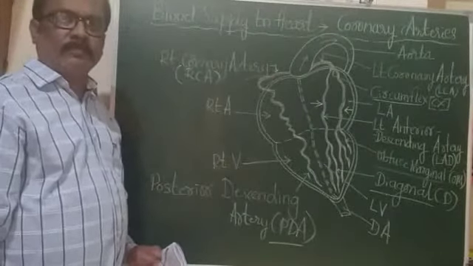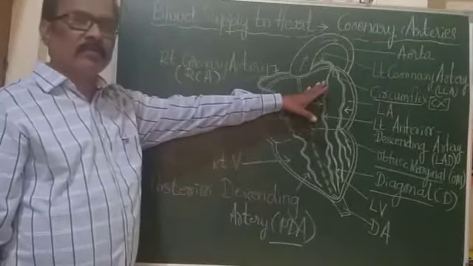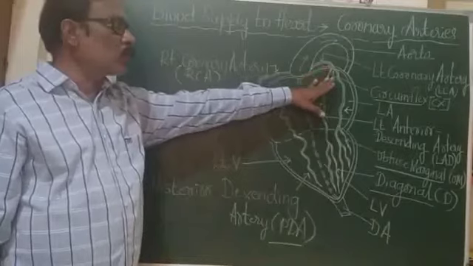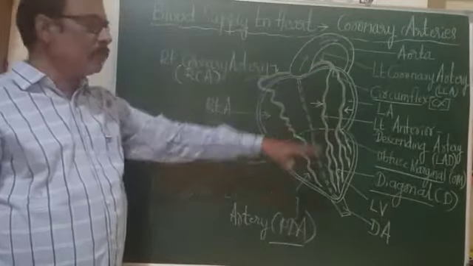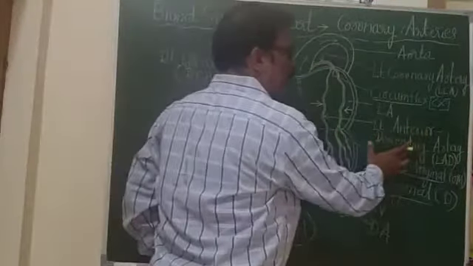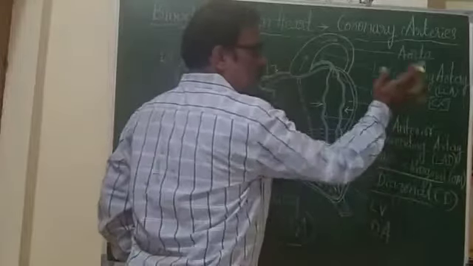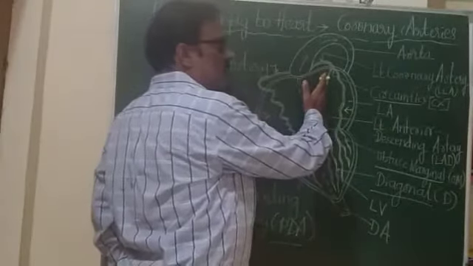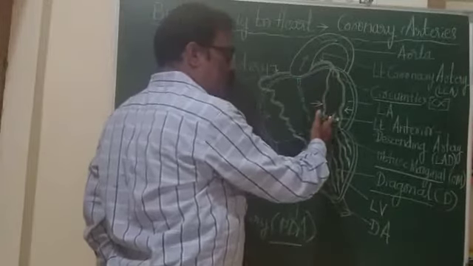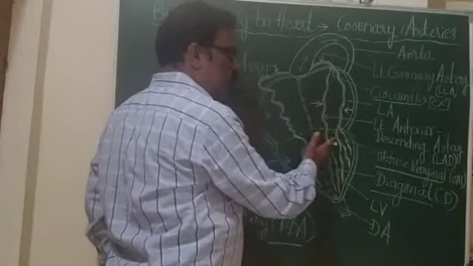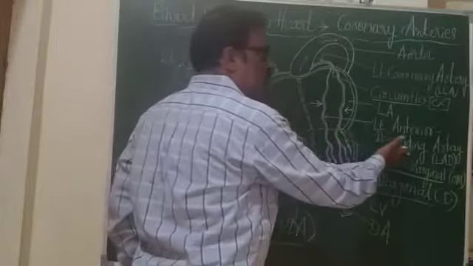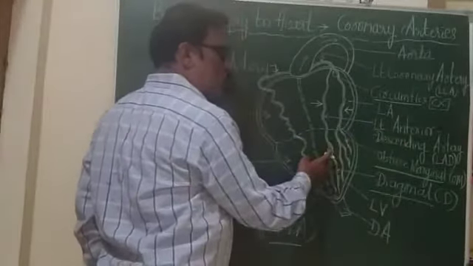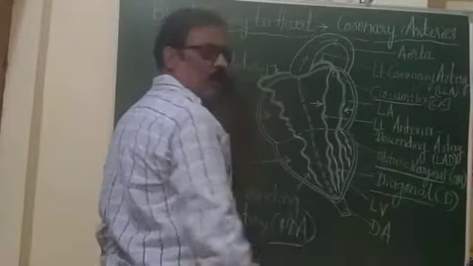Understand? The left coronary artery, before entering into the wall of the heart, divides into two main branches: one is the left anterior descending artery, another is the circumflex. Just in front of the left part of the heart, a branch runs and winds over the wall of the heart; that branch is called LAD, and it gives rise to one or two branches called diagonals.